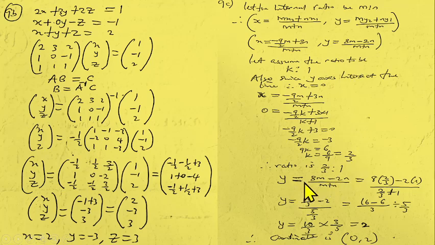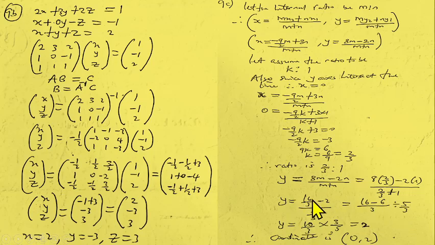From y equals (8m minus 2n) over (m plus n), we have 8 into 2 over 3, minus 2 into 1, over 2 over 3 plus 1. If you simplify that further, that will give us 16 over 3 minus 2, over 5 over 3.